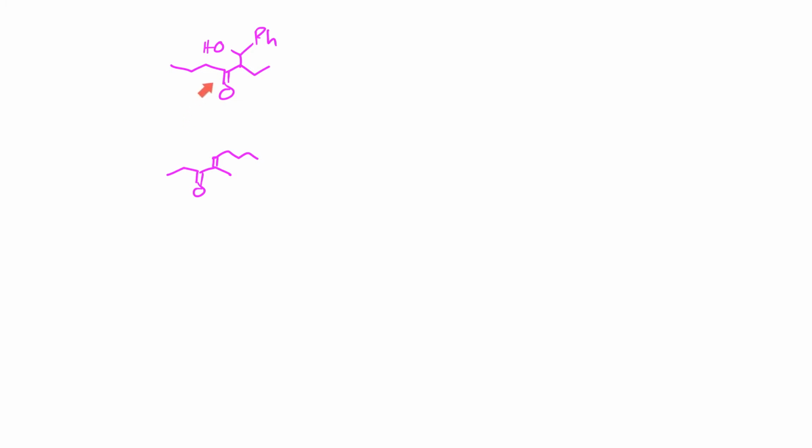If we examine the first structure, we have a beta alcohol next to our carbonyl. And so that's your clue as to where the bond is that's going to be formed in the aldol. It's always going to be this bond right next to the beta alcohol on the alpha carbon of the carbonyl. So this bond is formed. So we need two pieces, one of which is inside that dashed line, the other is outside the dashed line.